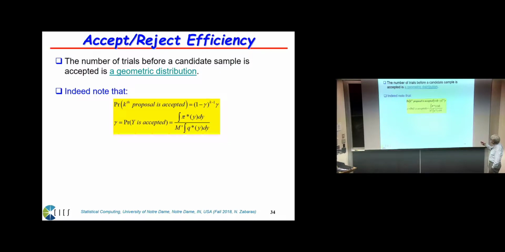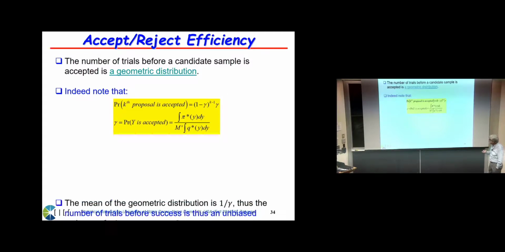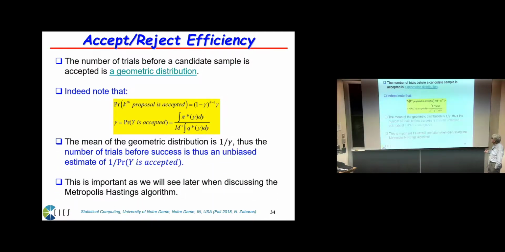And when you look at this, it's a geometric distribution. And the mean of the geometric distribution, so the kth time where you will accept, is 1 over gamma. So it's 1 over the probability of acceptance. So for the geometric distribution, the mean is basically 1 over the probability of y being accepted.